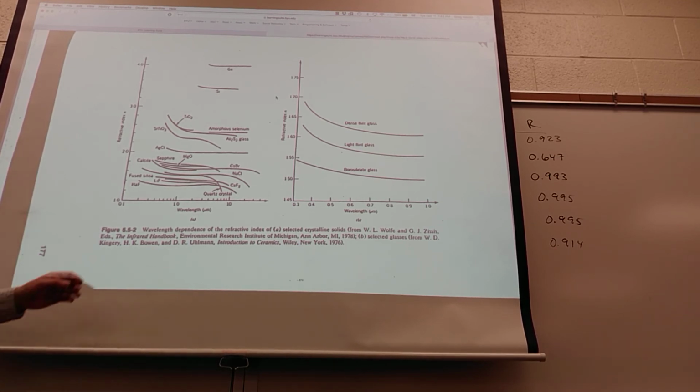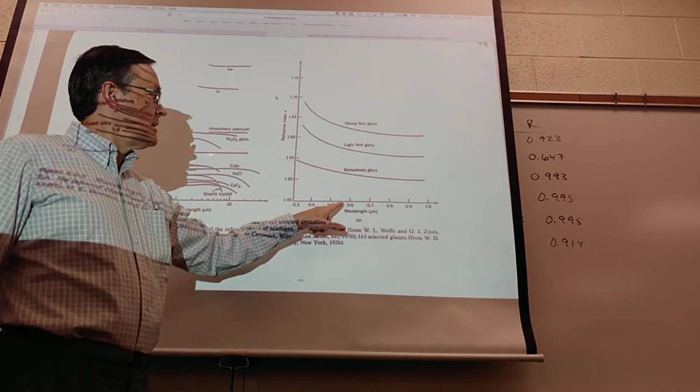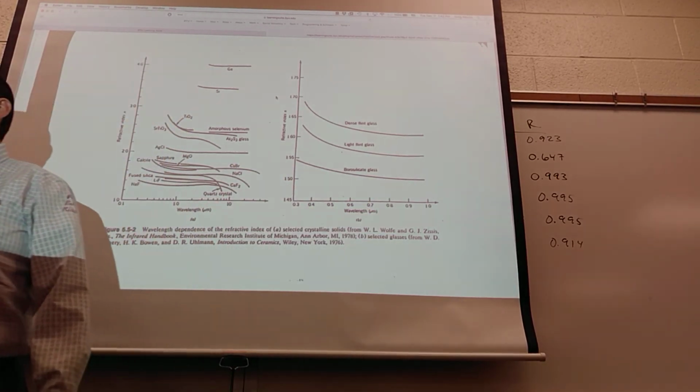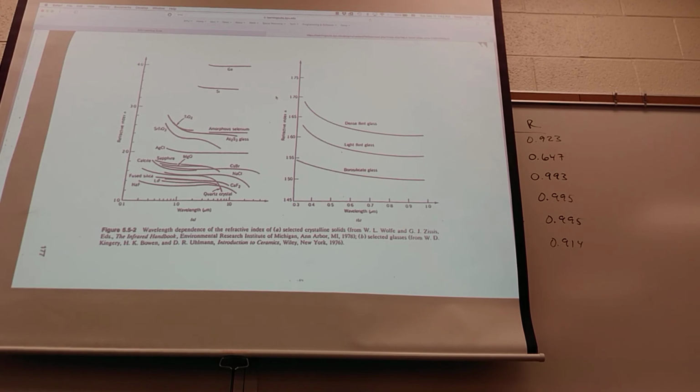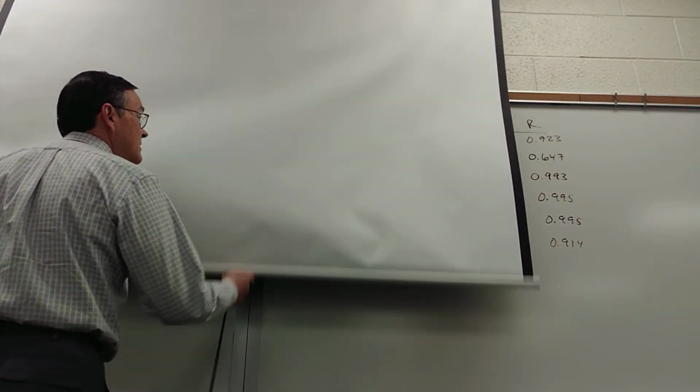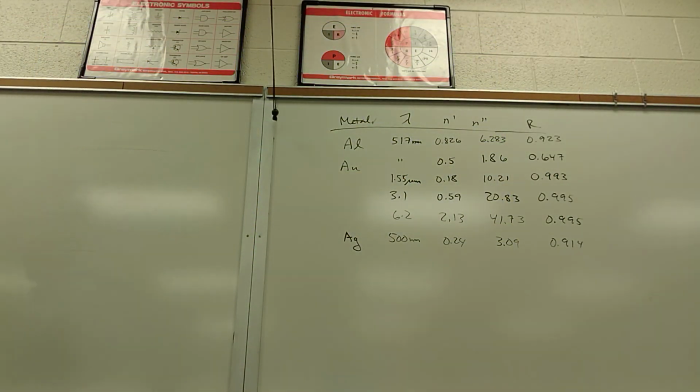So when the refractive index decreases as the wavelength increases, that is normal dispersion, which is distinct from anomalous dispersion, which we'll talk about. Okay, so let's flip that guy off.